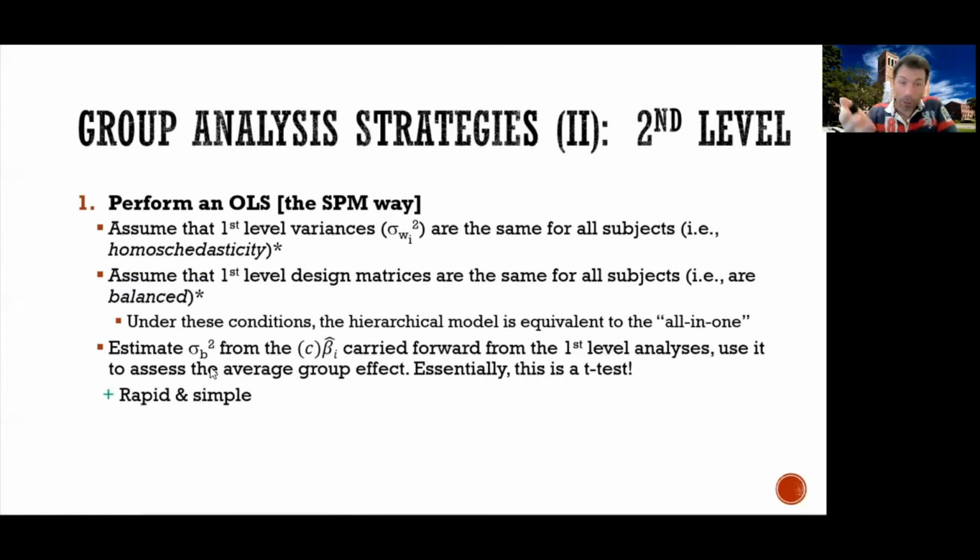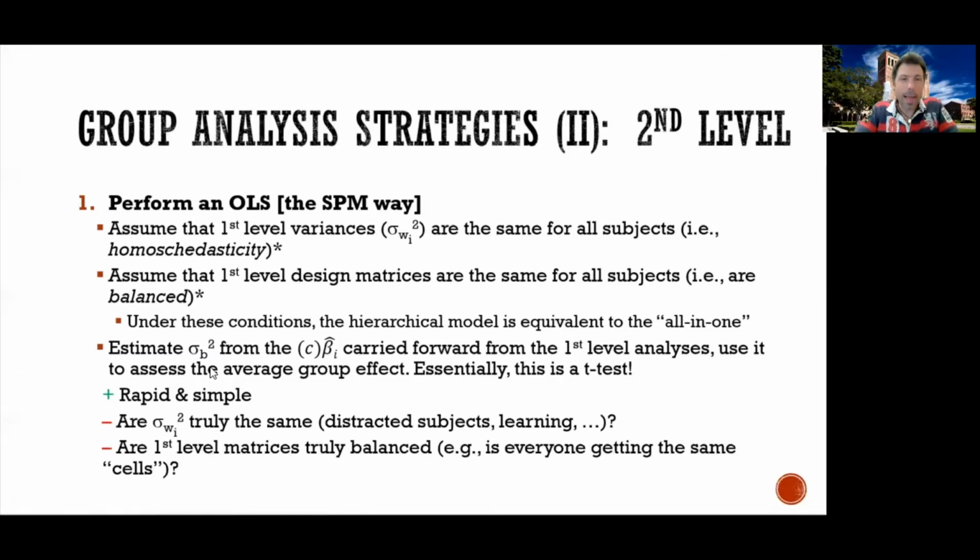Now, this is wonderful because it's a very rapid approach. It's very simple. You run your first level, you get the effect, you can easily calculate the variance across the effect, and then you use that as your yardstick.